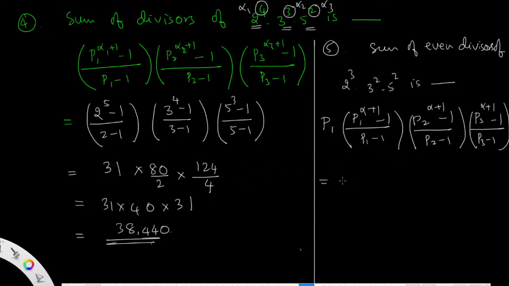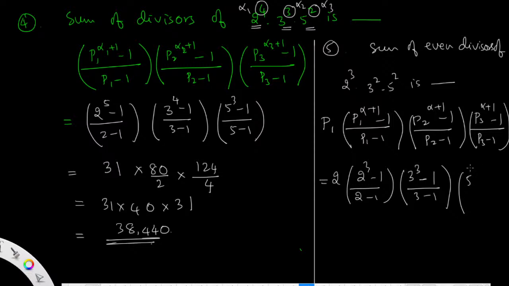Then P1 is 2: 2 cube minus 1 divided by 2 minus 1, 3 cube minus 1 by 3 minus 1, and 5 cube minus 1 by 5 minus 1.